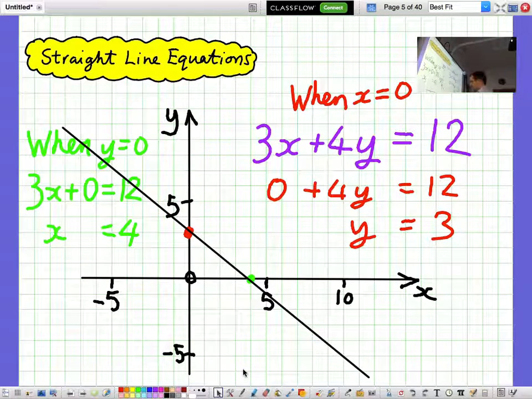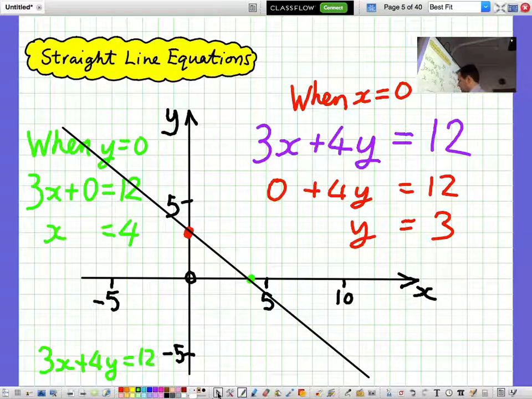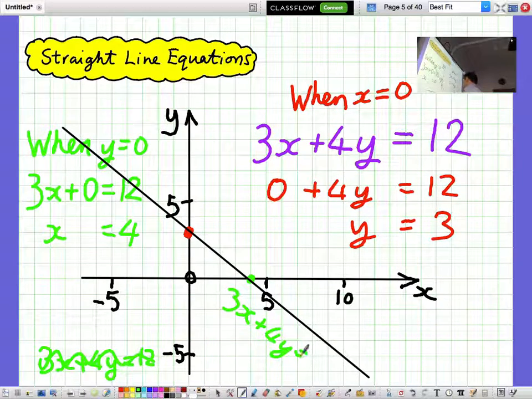That's not going to go easily, so I will just label it again, write it down here, 3x plus 4y equals 12. It's not even going to let me do that, is it? Okay, well let's write it directly on. 3x plus 4y equals 12.